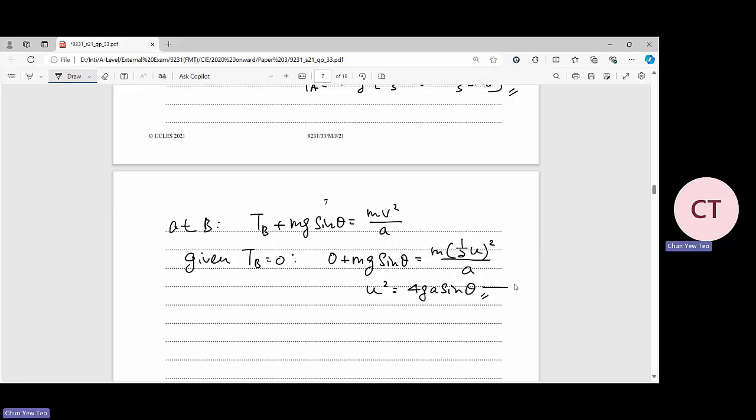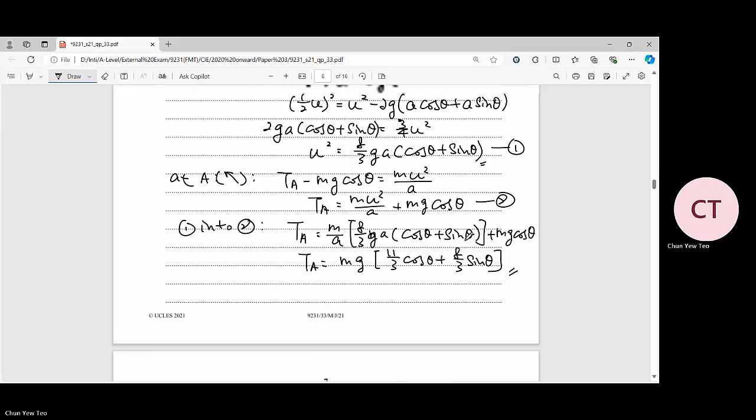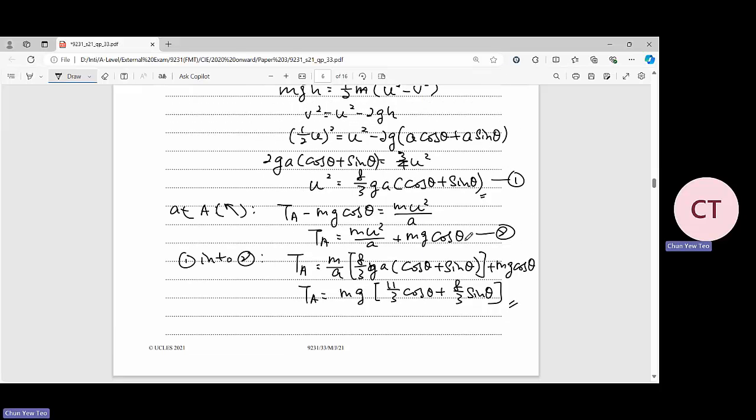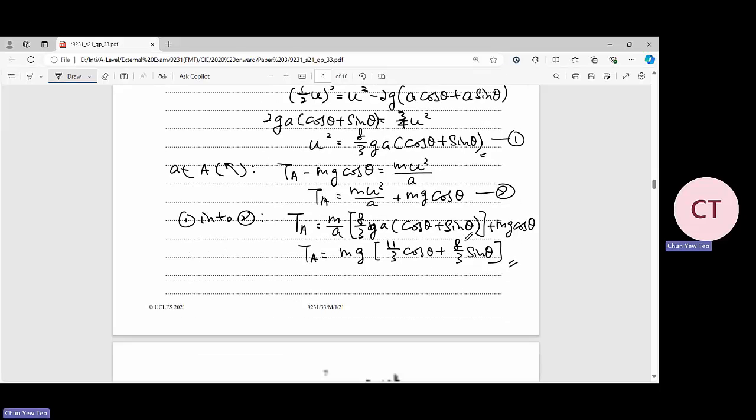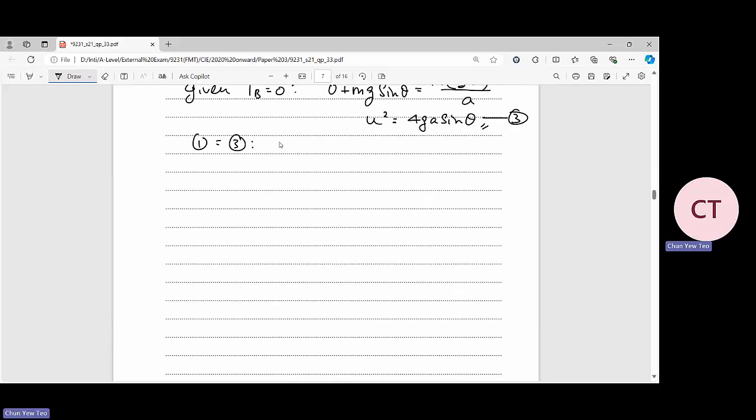Then you just put 1 equal to 3, because in equation number 1 we have the u squared as well. So x over 3 GA (cos theta + sin theta) is equal to 4 GA sin theta. Cancel the GA, then this is also cancelled.